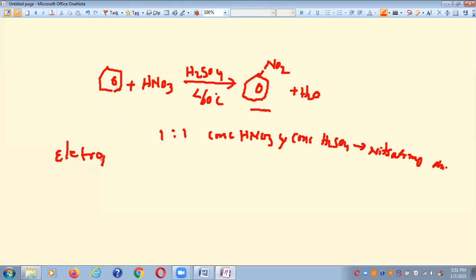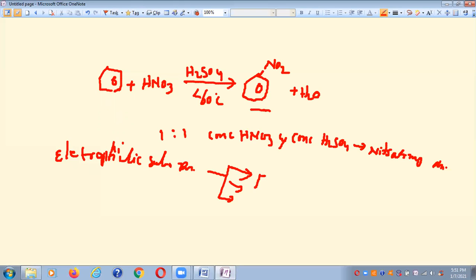Electrophilic substitution type of reaction. If you recall from the first year, this electrophilic substitution reaction generally proceeds through three steps.